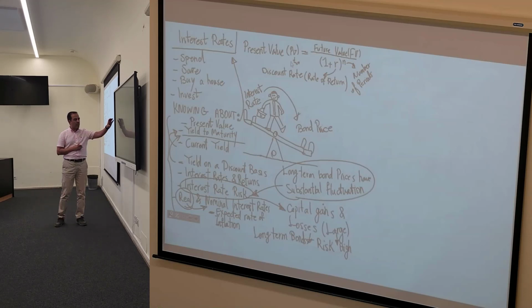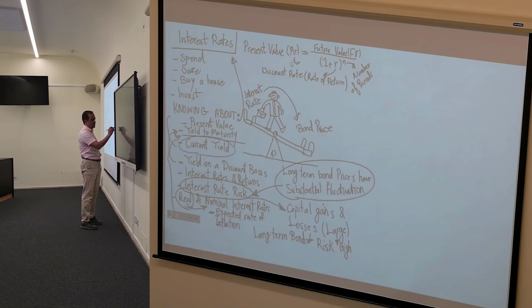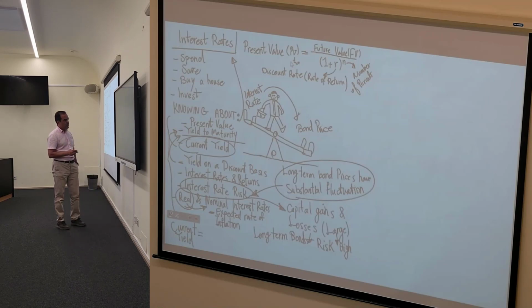So we have to calculate this yield to maturity, and in a simple way, we can calculate the current yield that we have here. This current yield is what?